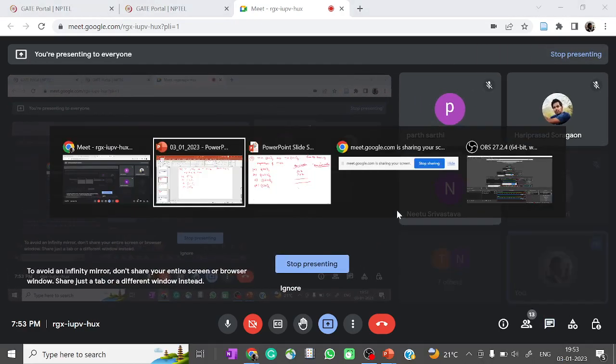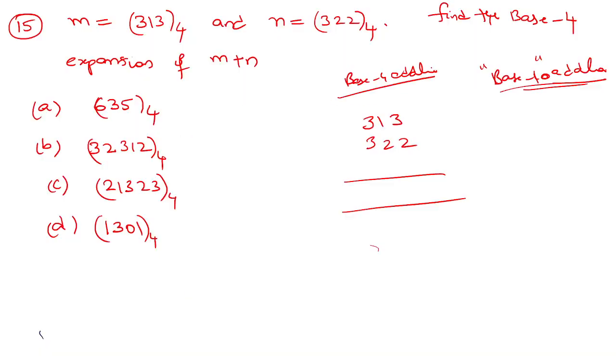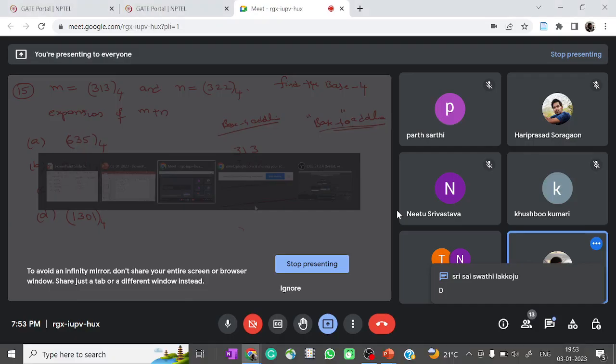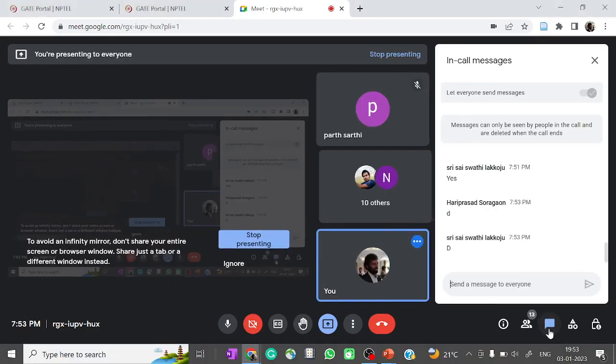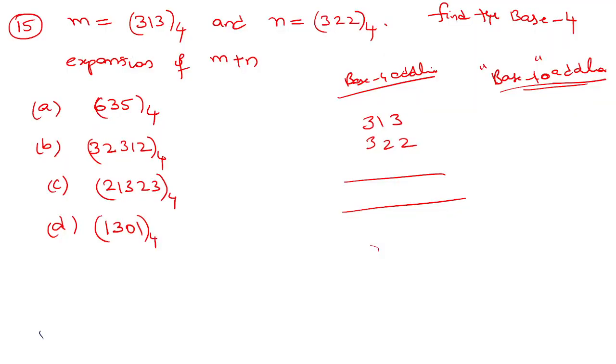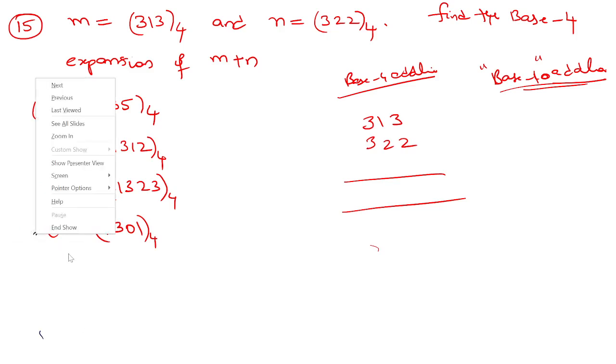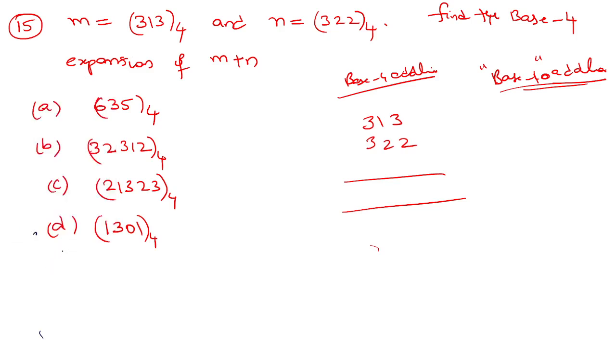Okay, option D. All right, let's see. For example, in base 10, let's say I have this number 18 and I have number 99.